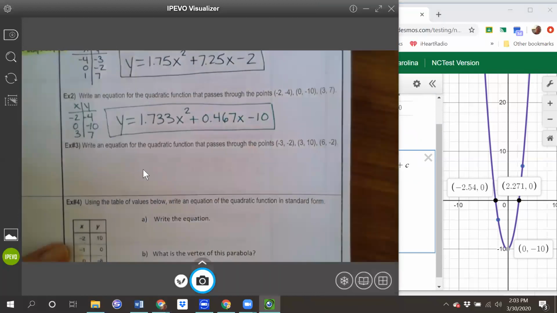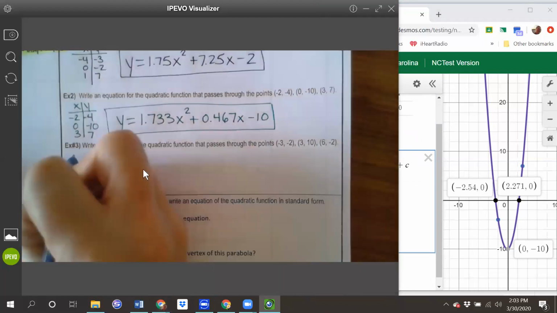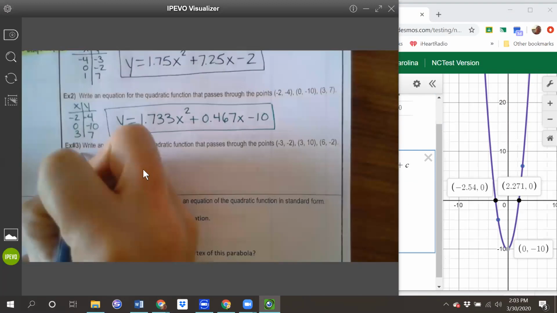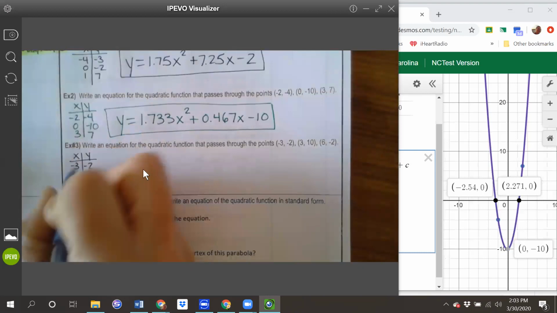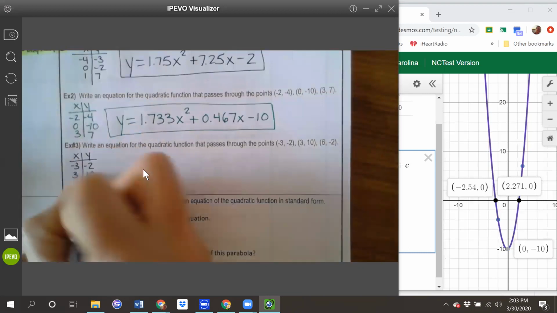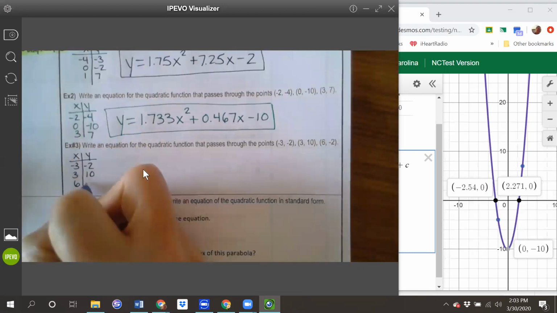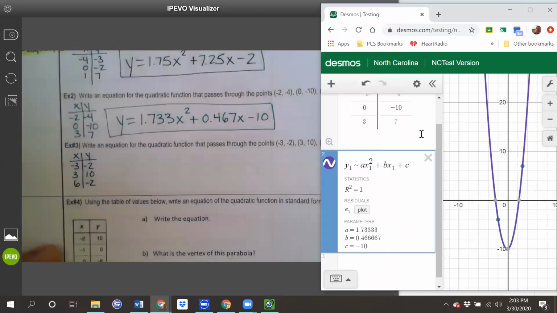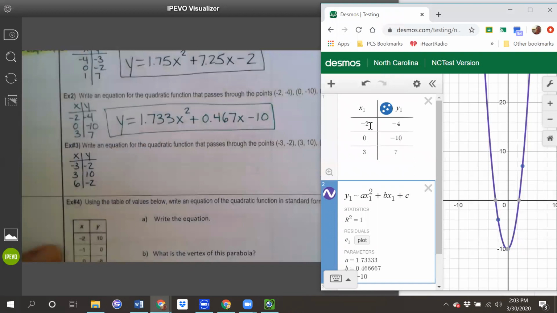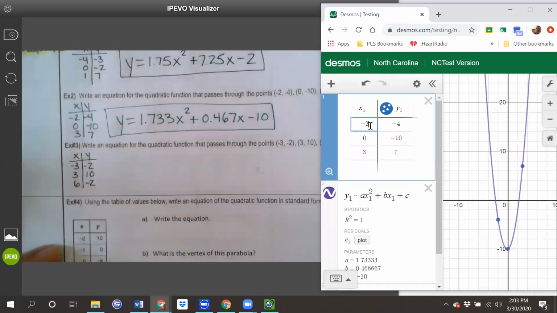All right, let's check out number 3. So number 3, I'm going to set it up the exact same way. I'm going to do -3, -2, +3, +10, and +6, -2. And I already have it set up, and I already know that I'm just going to be able to edit my numbers.